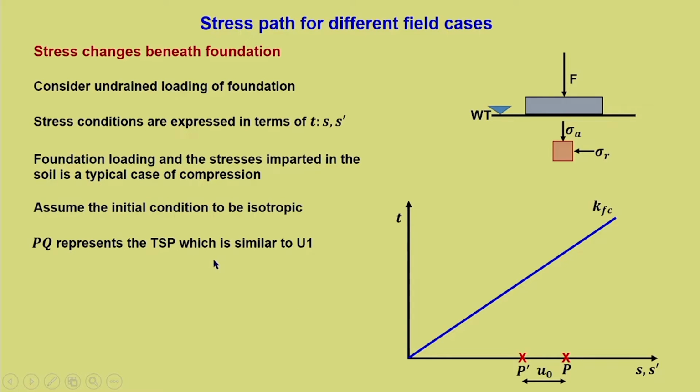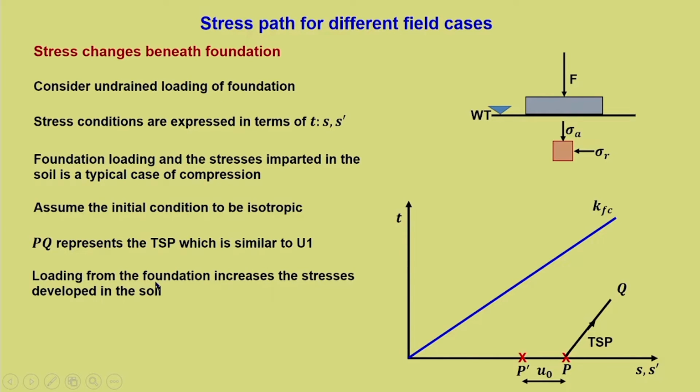PQ represents the total stress path, which is similar to u1. U1 we have already discussed previously. So, PQ is the total stress path, and this loading from the foundation increases the stresses developed in the soil. The effective stress path will start from P dash and go to Q dash corresponding to undrained loading. How will it look?